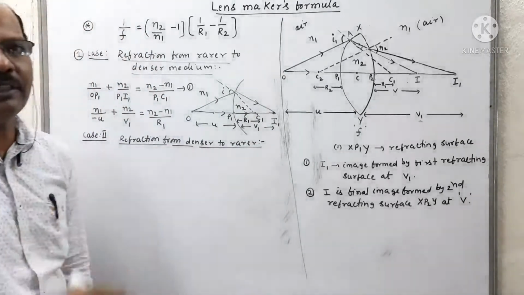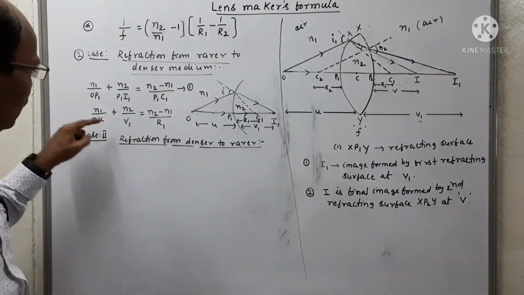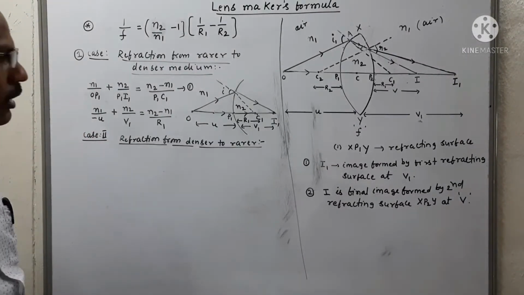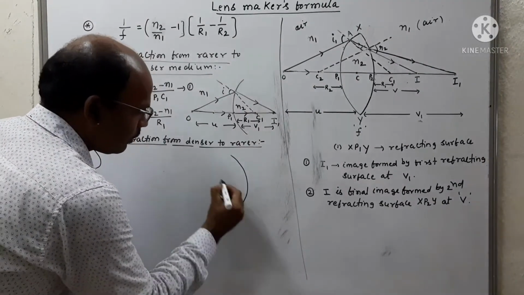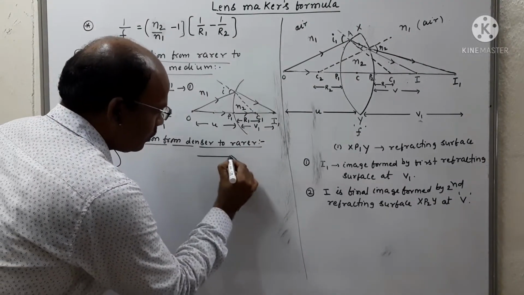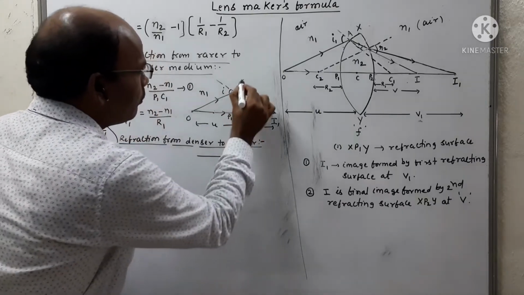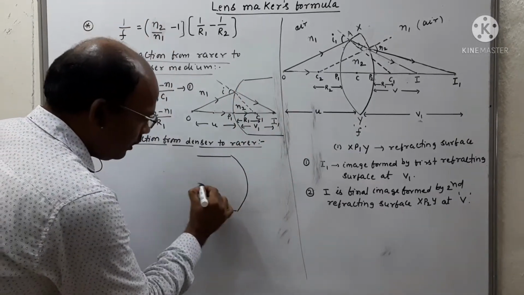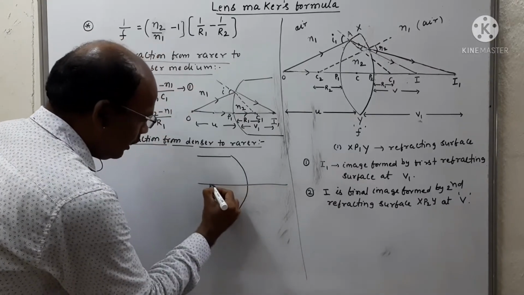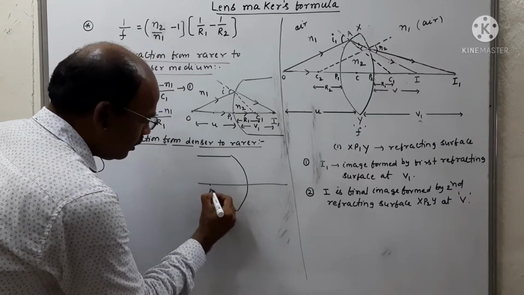Simply, we can change the refractive index in the first formula. So what is the diagram? The diagram is like this. This is the denser medium. The object is like this, and this is I1.